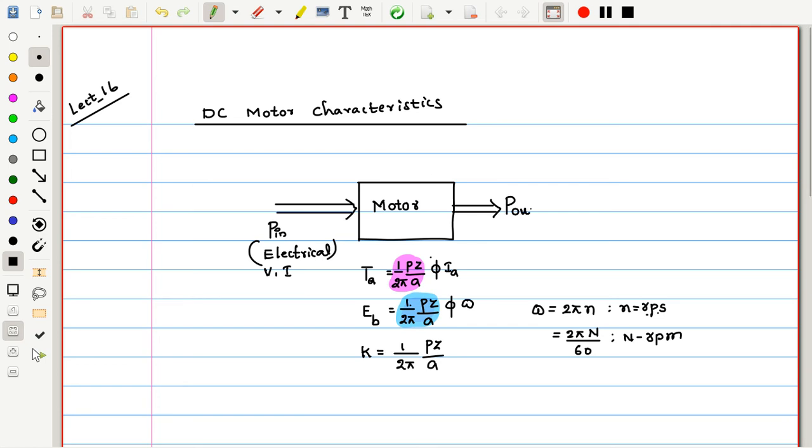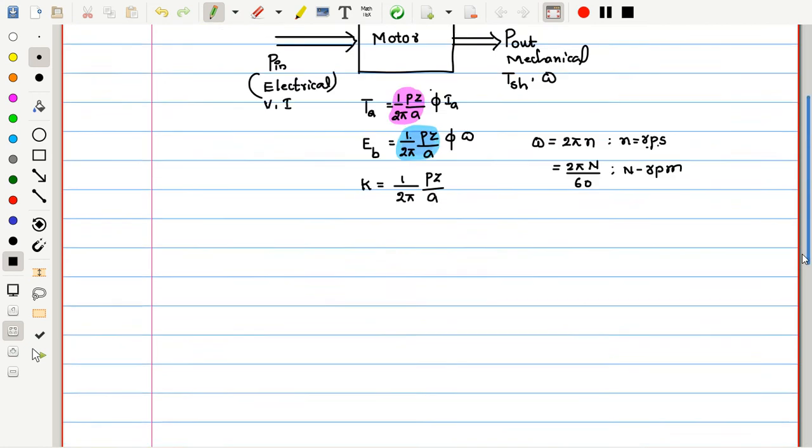So P out is mechanical in nature. The power available at the outlet of the machine we call as the torque in the form of torque TSH and angular velocity omega. This we call the shaft torque which is acting on the machine.